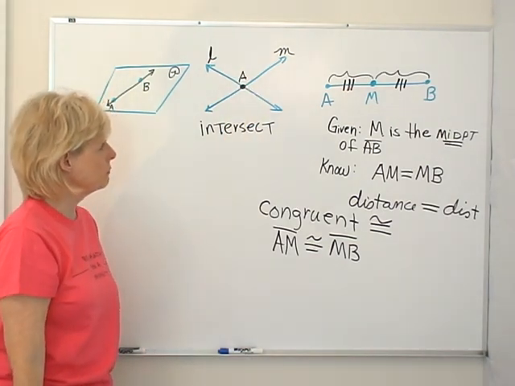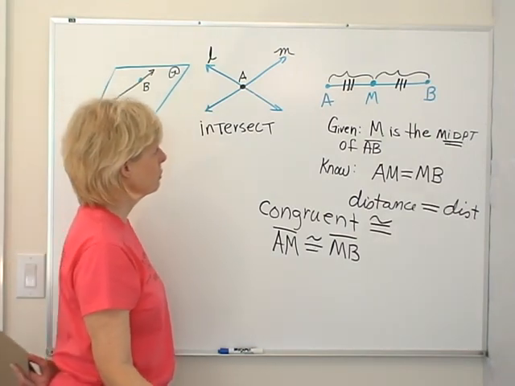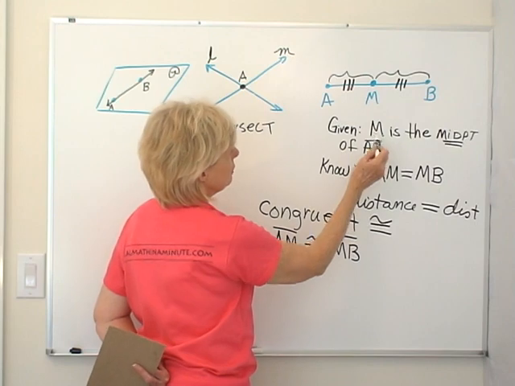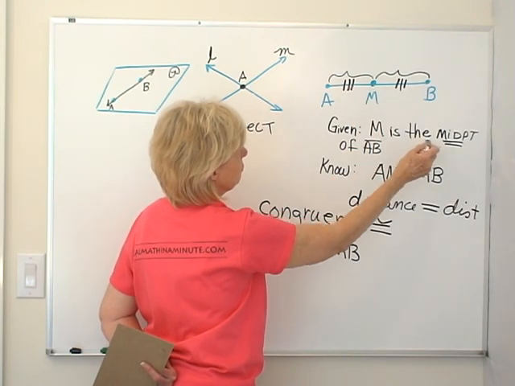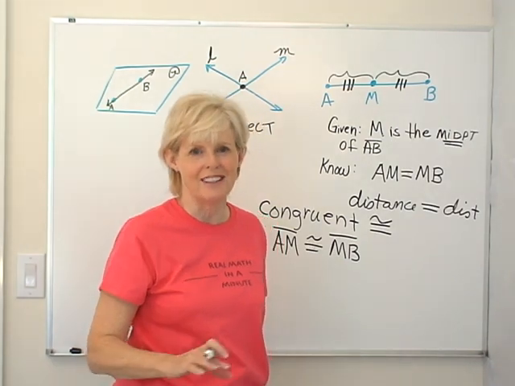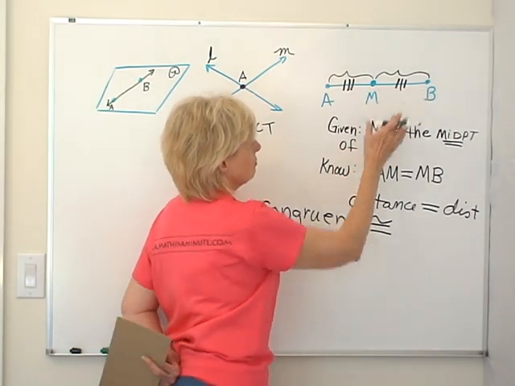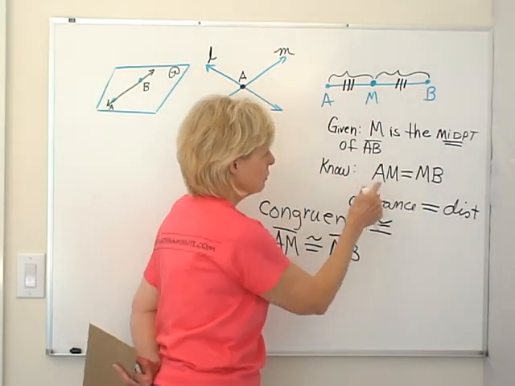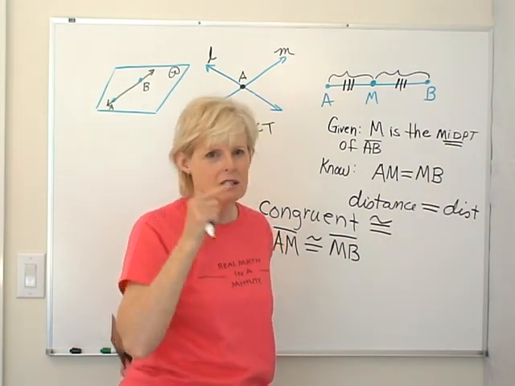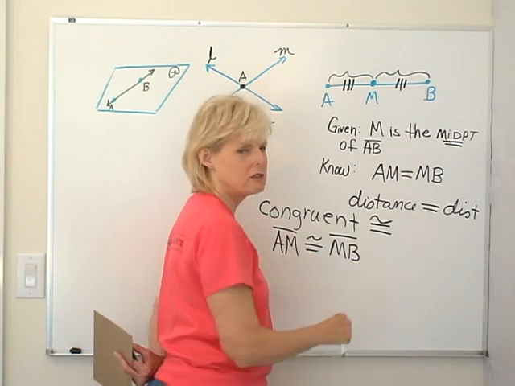A point. And yes, we would label it for sure. Postulates. Definition. If we are given that point M is the midpoint of a segment, we understand that to mean that this distance and this distance are equal. So we write down AM equals MB with nothing over it, and our mind is saying distance equals distance.